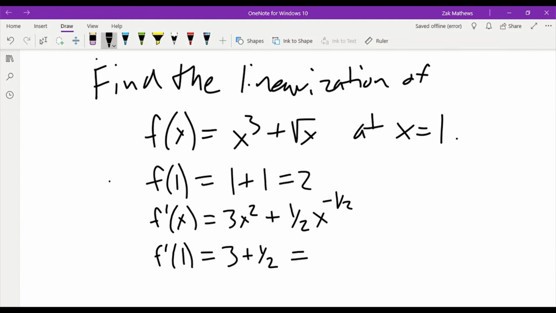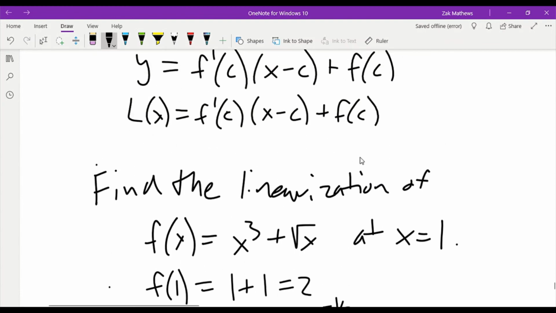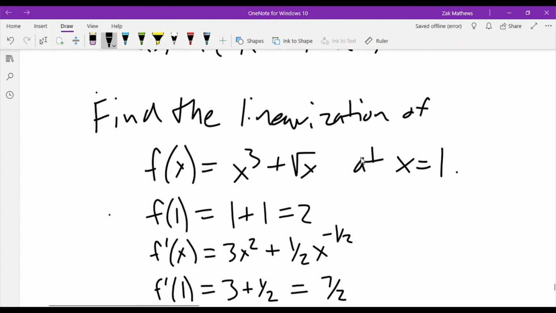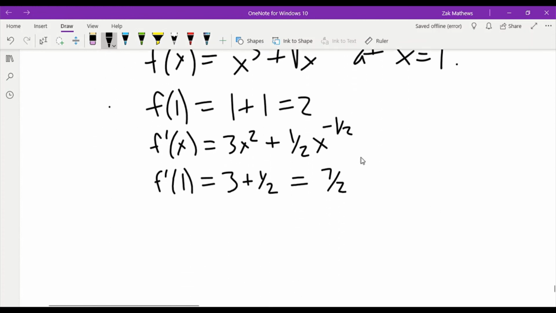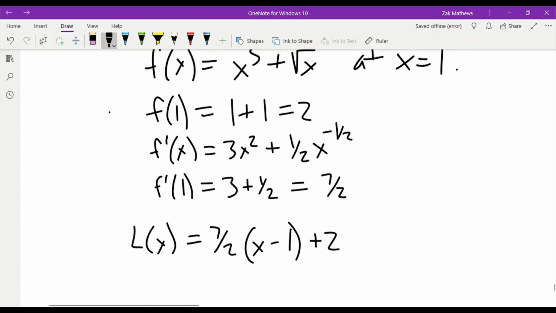And so we get 3.5 there, or I might write it as a fraction, 7/2, just to make it a little bit easier for me. And so now we're just plugging into our linearization formula that we created, or again, that the book provides for us. The linearization L(x) equals 7/2 times (x minus 1) plus our y value of 2. That's all there is to it.